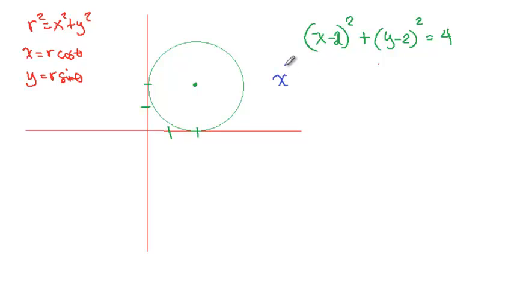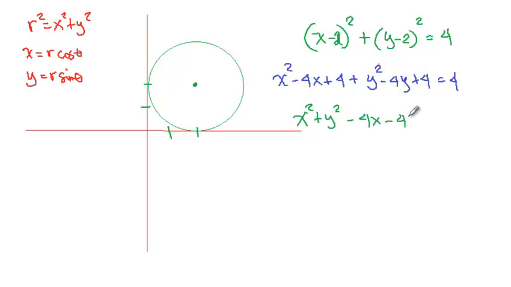Let's expand: x squared minus 4x plus 4, plus y squared minus 4y plus 4, equal to 4. I combine the x squared and y squared, so x squared plus y squared, then the minus 4x, the minus 4y, and I put the constant to the other side, so it will be equal to negative 4.